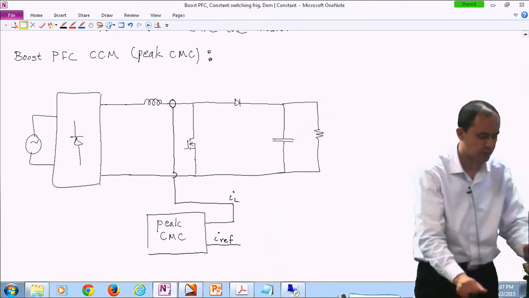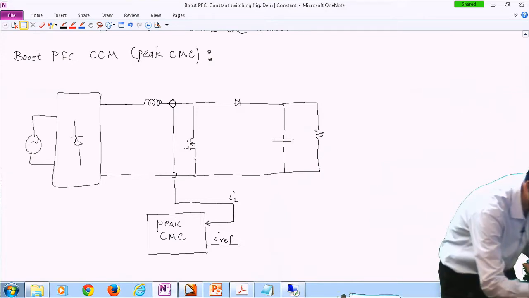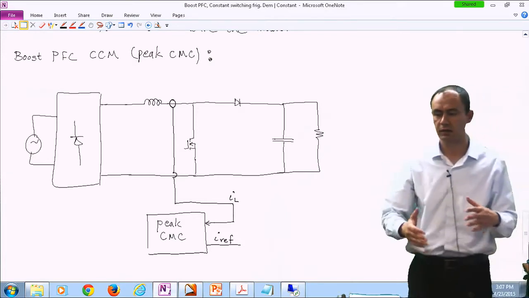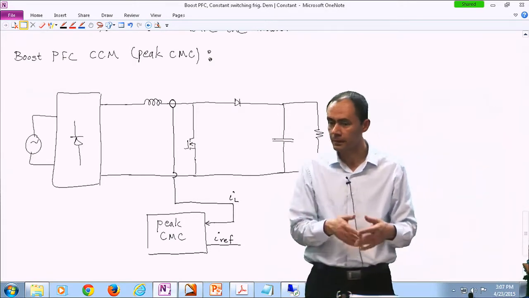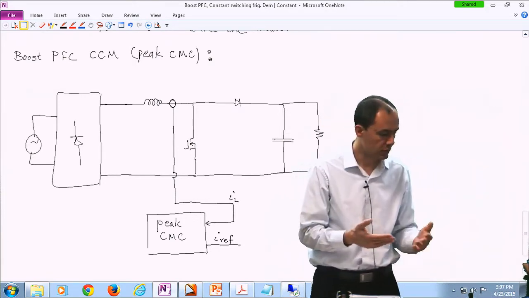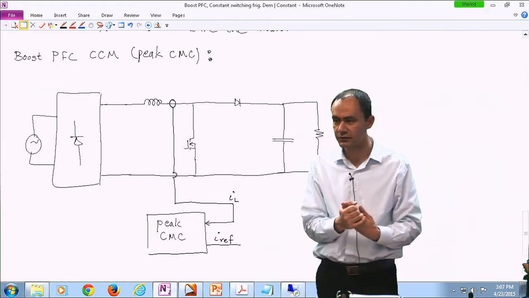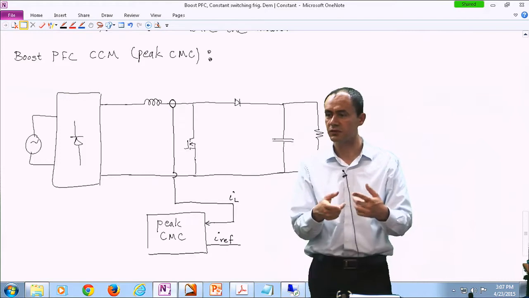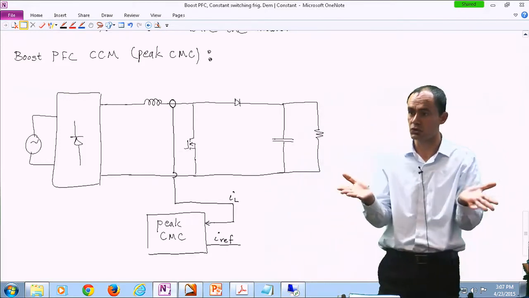So if you remember from before, the way this peak current mode controller functions is, at the beginning of the cycle, a clock sets a flip-flop. So your cycle starts, you turn the switch on, then whenever the inductor current tends to get larger than the reference, it resets that flip-flop or latch, and the transistor or switch turns off.